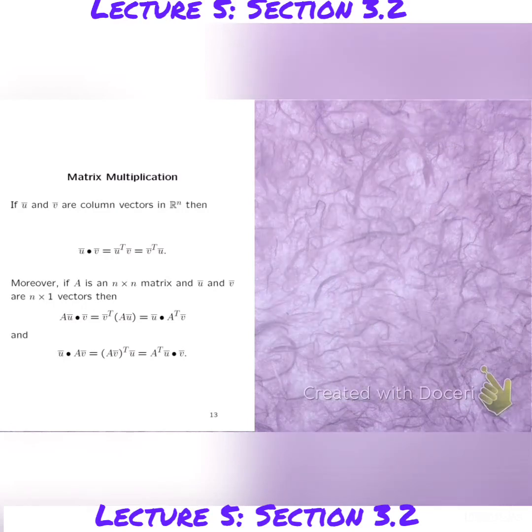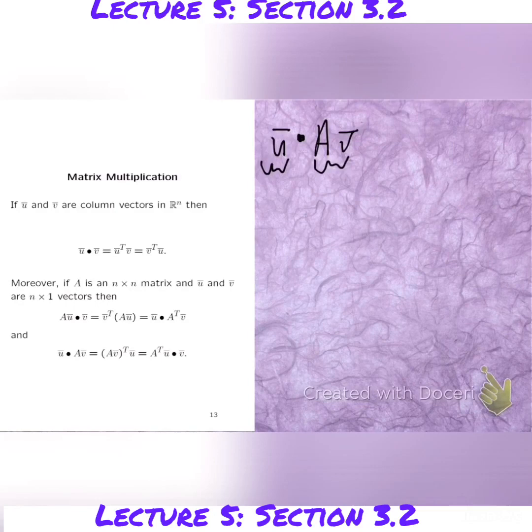Okay, the next identity is proved in the same way. Let's quickly look at that. So there you go. Basically, you take this dot product here. Again, this is a column vector, and this is an n by 1 column vector as well.